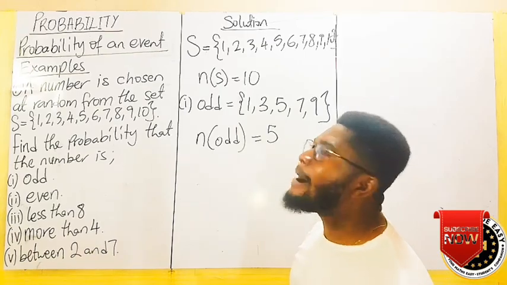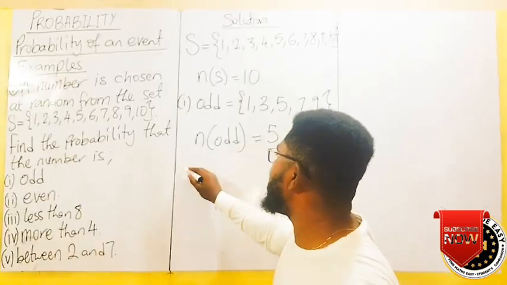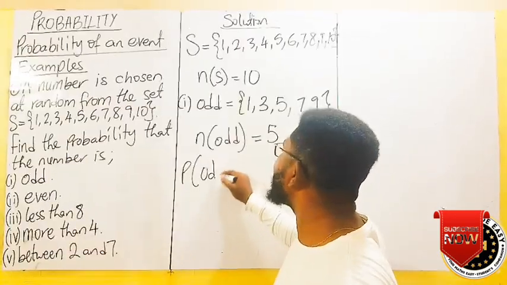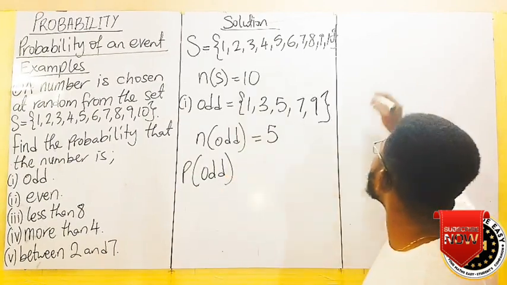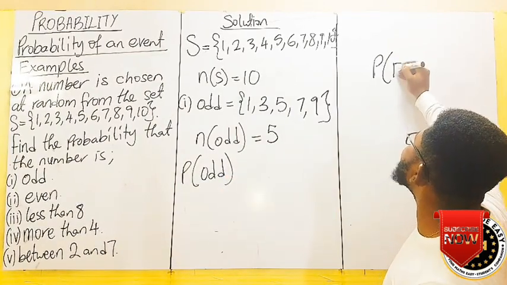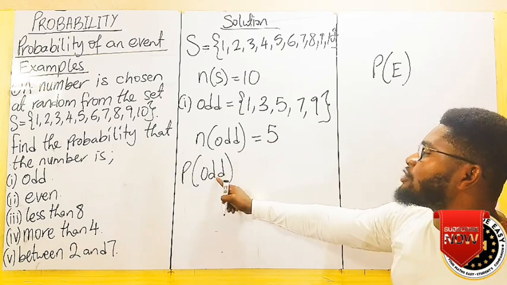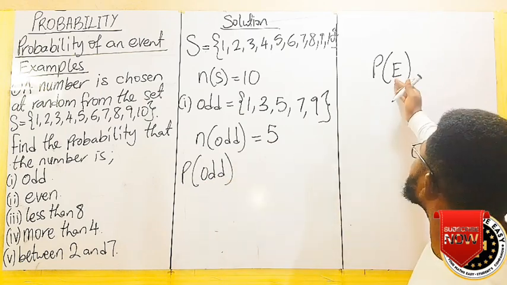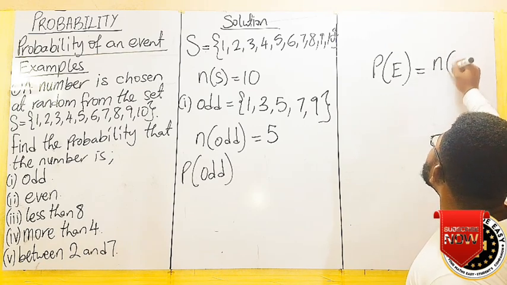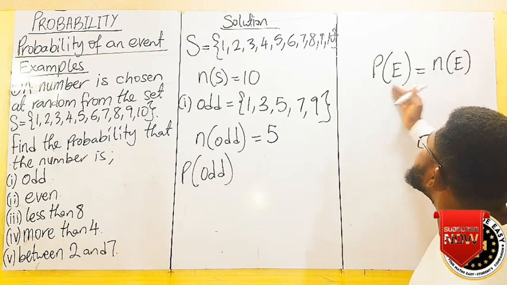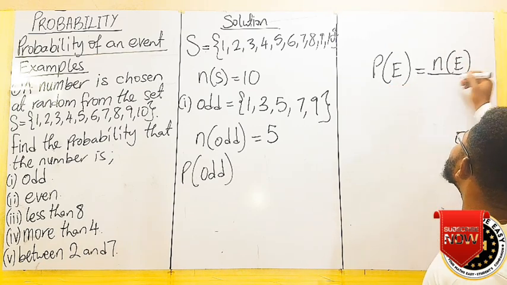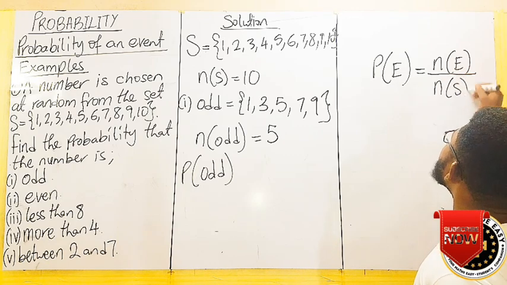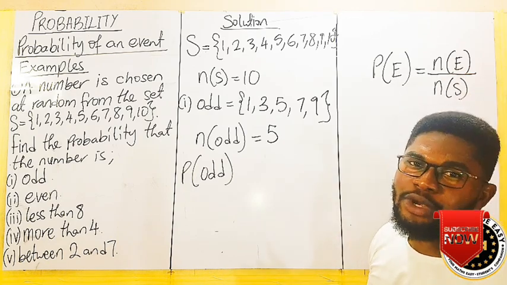So let's get the probability of odd numbers. Remember, the probability of odd numbers follows the general formula called the probability of an event. The event here is odd. The probability of an event has the formula: number of the event divided by the number of the sample space, or the total number of possible outcomes.